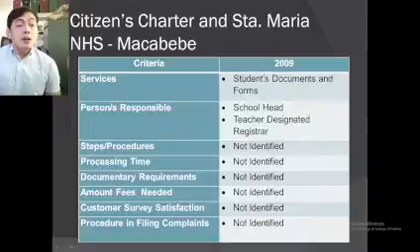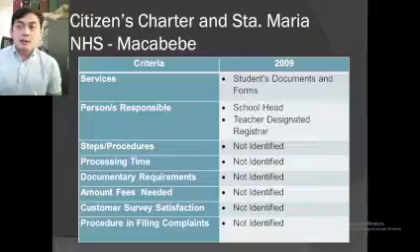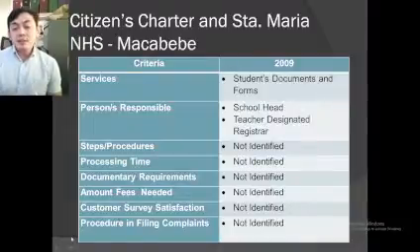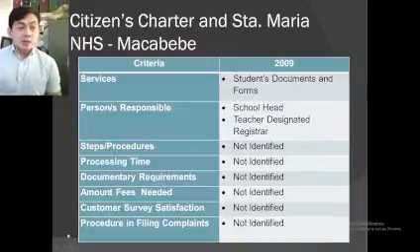Now, I conducted a particular interview with our old or former, or even the senior members of the school. I asked them if in 2009 the school had adopted the Citizens Charter.